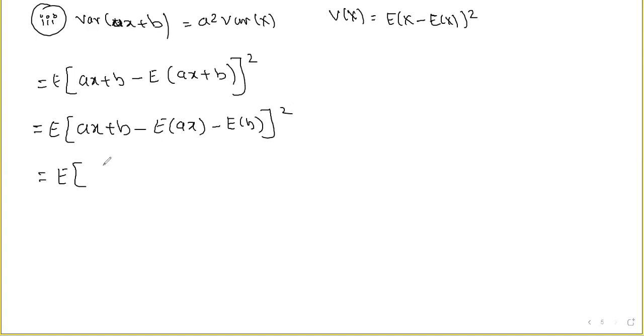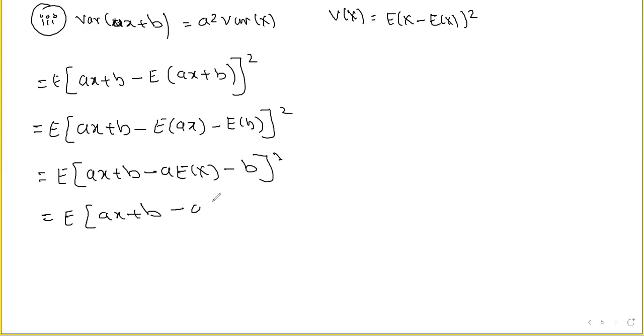So expected value of ax plus b minus a into expected value of x minus b, because expected value of a constant is the same constant. So expected value of ax plus b minus a mu minus b, whole square. So again plus b minus b get cancelled. So expected value of ax minus a mu, whole square.